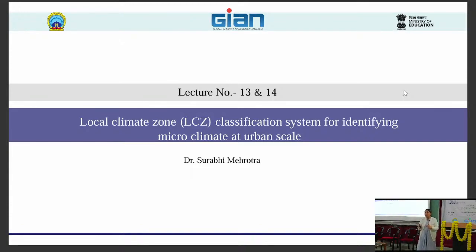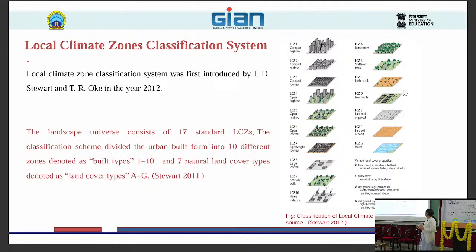So to start with, there was a very recent system called the local climate zone classification, proposed by Stewart in 2012. As per the basic classification scheme, they did not look only at the buildings but also at what kind of vegetation there is.